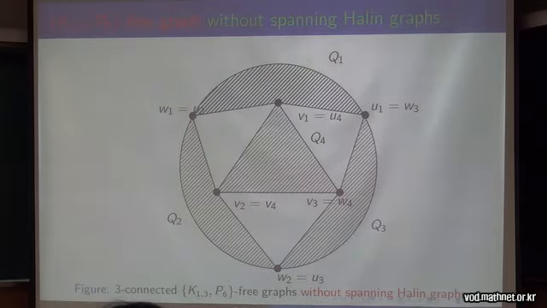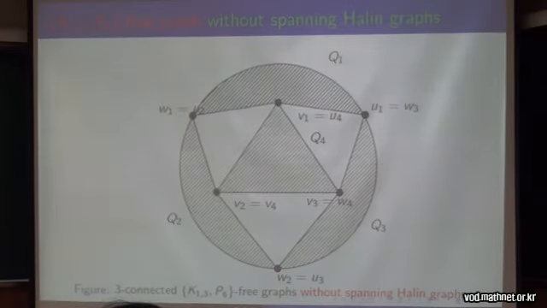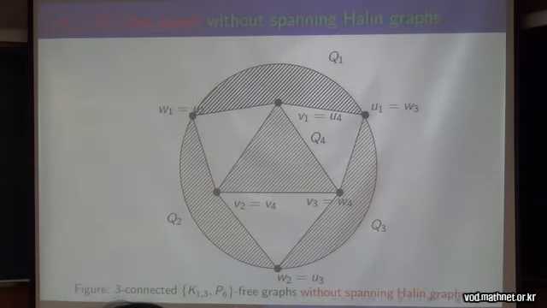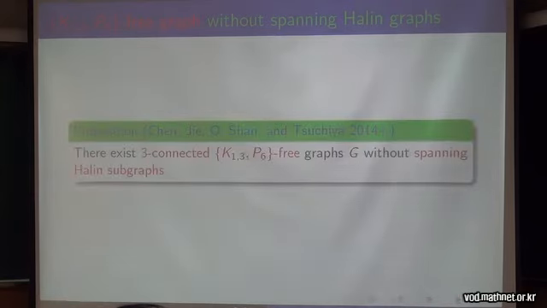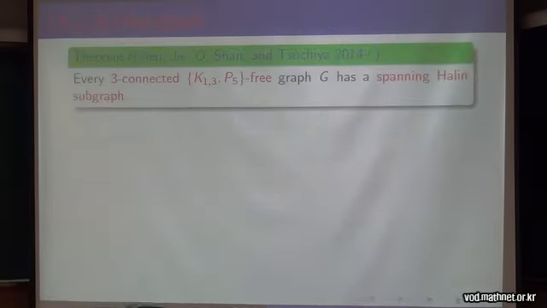There are 6 identified vertices. We need to use at least 3 vertices for the tree, I mean non-leaf vertices, and we need to use at least 4 vertices for the cycle. This doesn't make sense, so it does not contain a spanning Halin subgraph. So we prove that this condition is best possible. Actually, we proved this one.